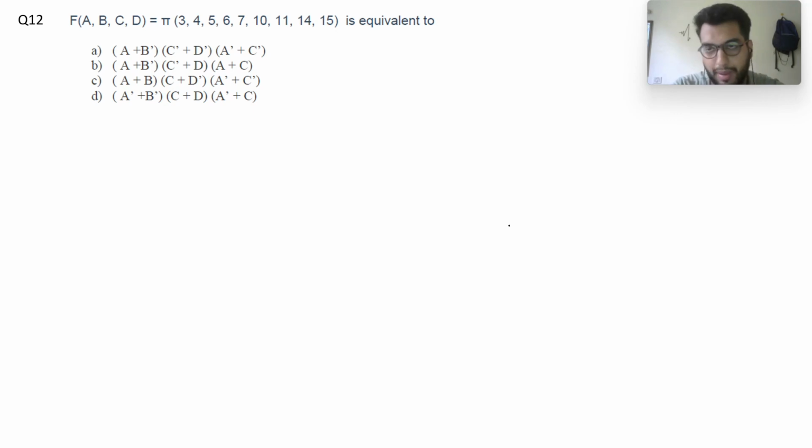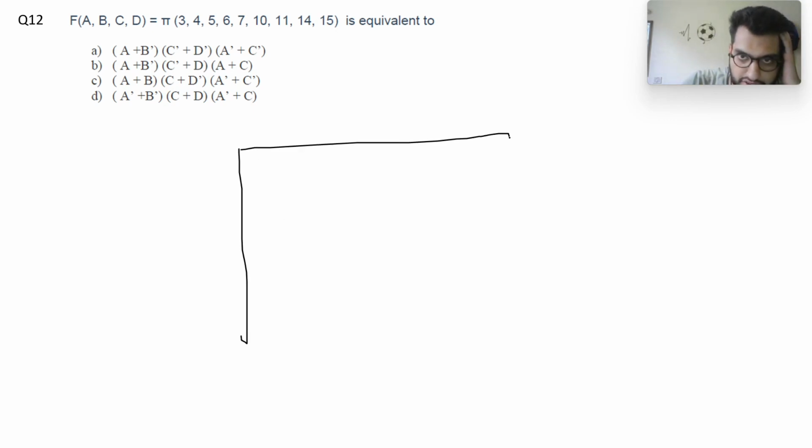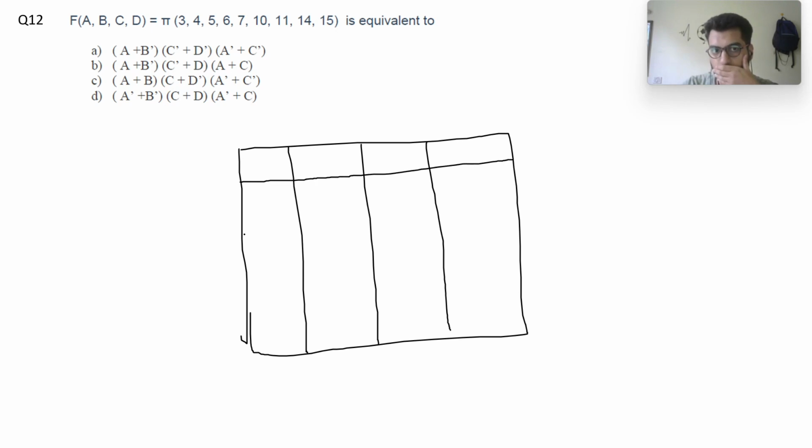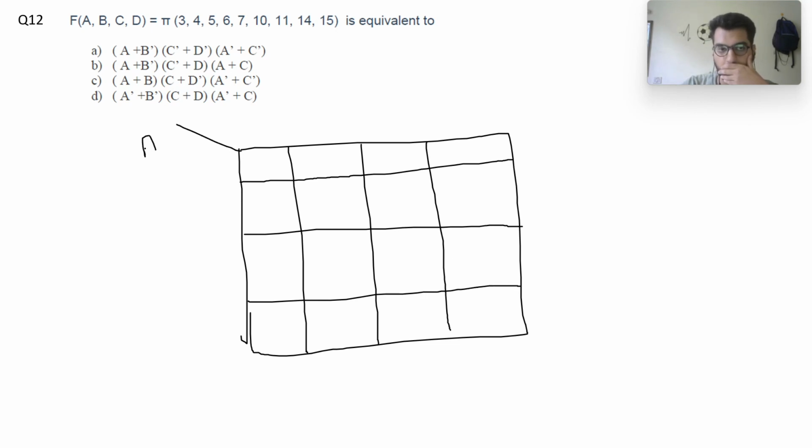The same K-map is followed, so what we'll do is again construct a four variable K-map. So this is A, B from this side and C, D from this side.